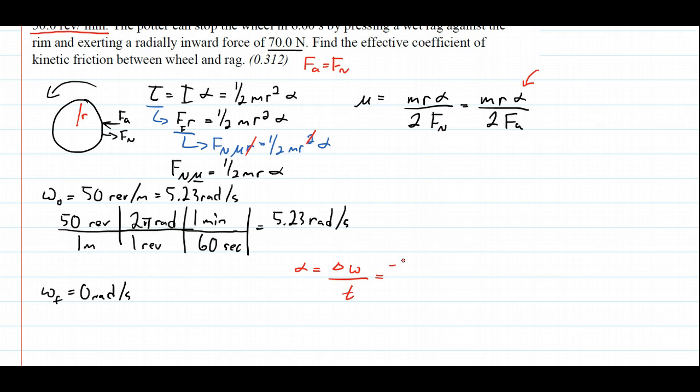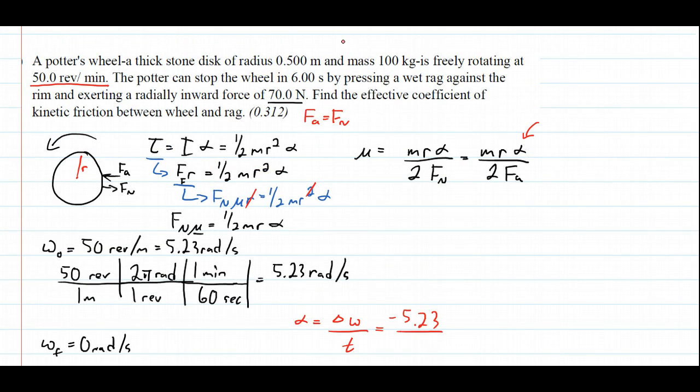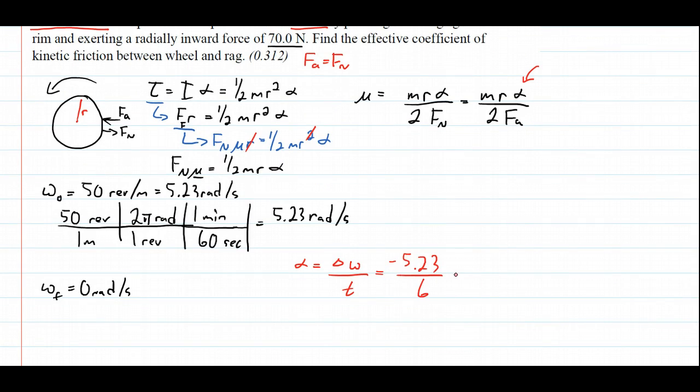Our change is a negative 5.23 over a total time of 6 seconds. So we divide those and we get a negative 0.87 radians per second squared. The reason it's negative is because our wheel is in fact slowing down.